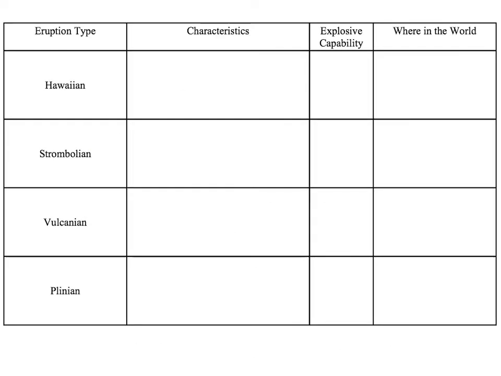Okay? So, with Hawaiian, this is a table that I would love to see you filling out. We're talking about flows of basalt lava. This is low viscosity.